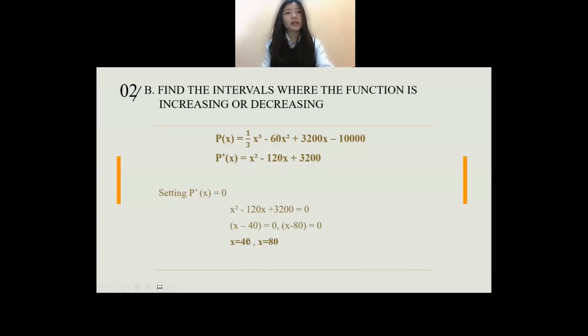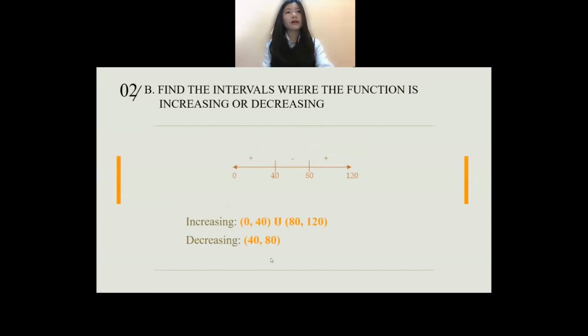Again, we obtain x equals 40 and x equals 80. This simple line graph allows us to determine the intervals. The function is increasing on 0 to 40 union 80 to 120, whereas it is decreasing on 40 to 80.